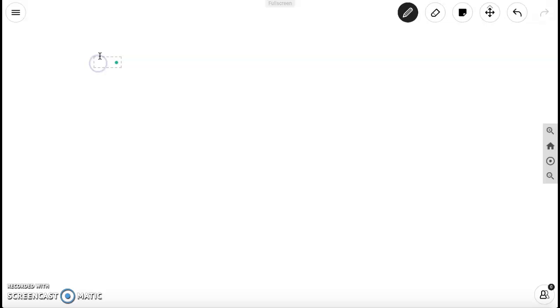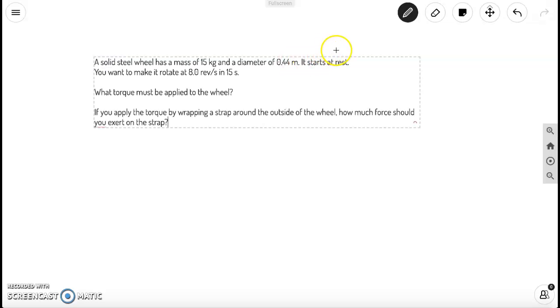Our problem is, a solid steel wheel has a mass of 15 kilograms and a diameter of 0.44 meters. It starts at rest. So if it starts at rest, that means it is not moving. The angular velocity is 0.